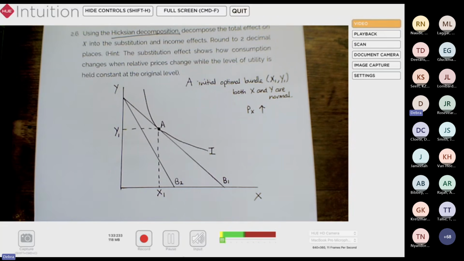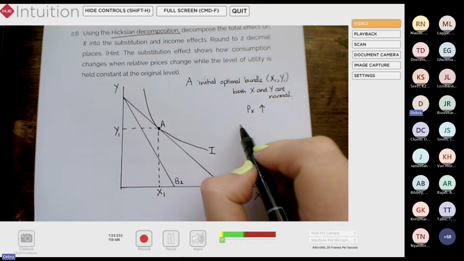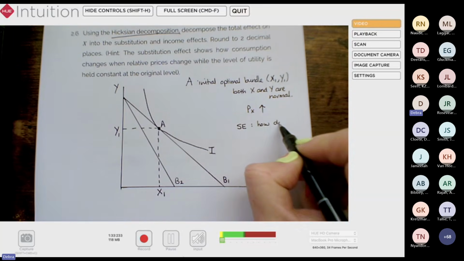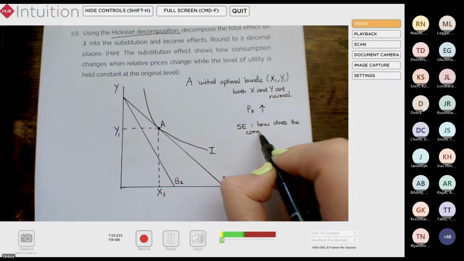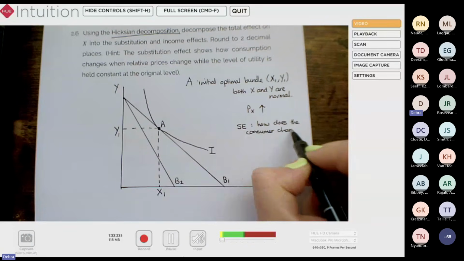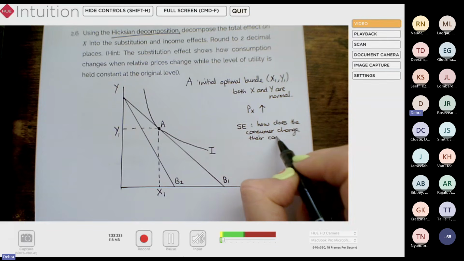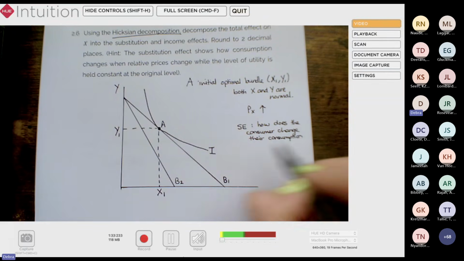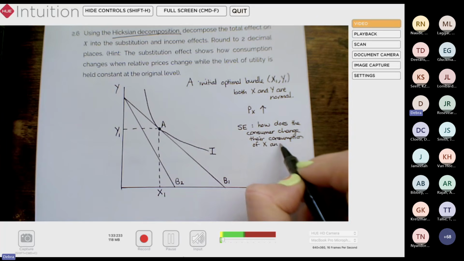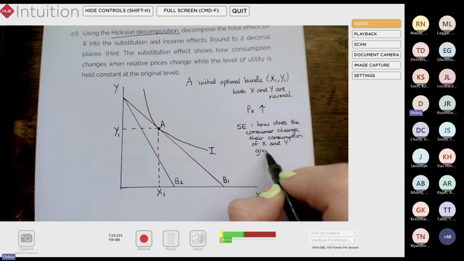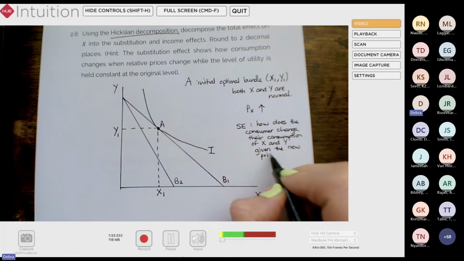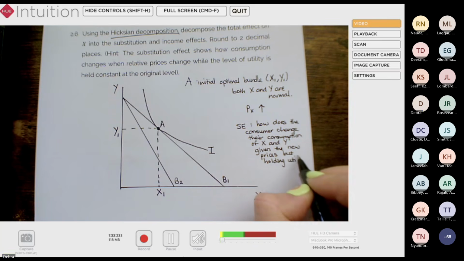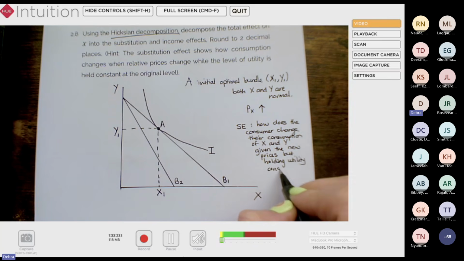So the substitution effect of a price change tells us, how does the consumer change their consumption of X and Y given the new prices, but holding utility constant.